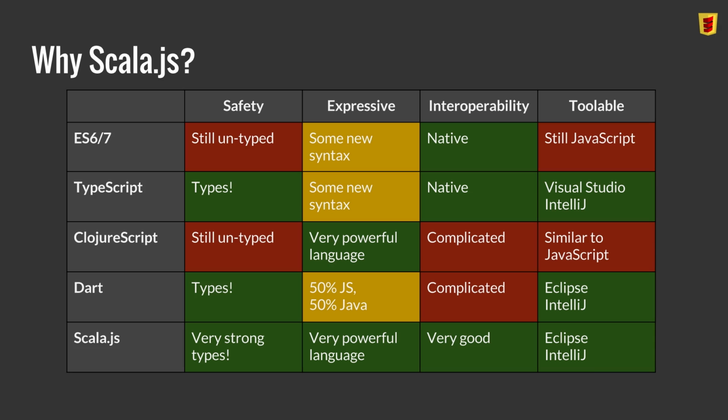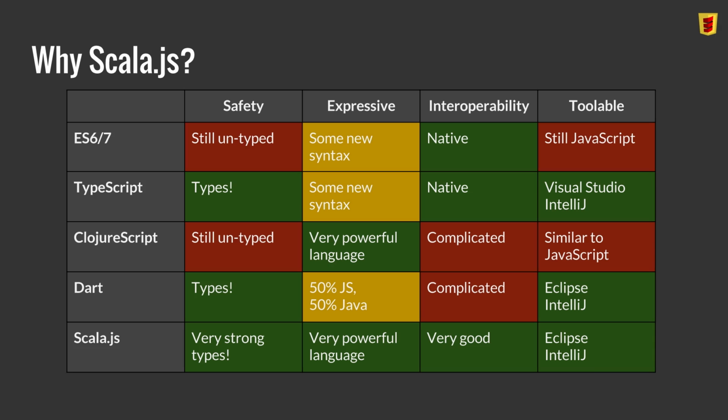ClojureScript is quite popular these days, but it's still untyped. It's based on Lisp, Clojure, so it's a functional programming language and a very powerful language. But the tooling, because of the lack of static typing, is not so great. So you get a lot of cognitive load, you have to remember many things to be productive.